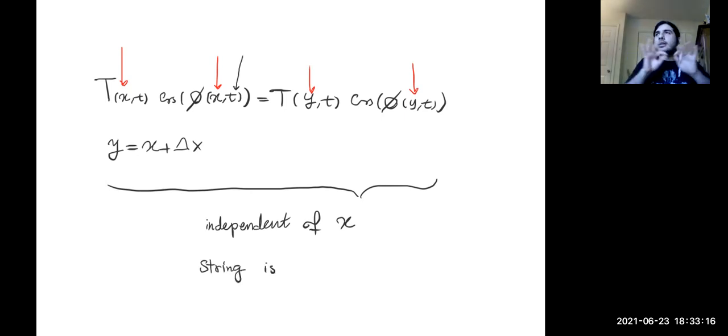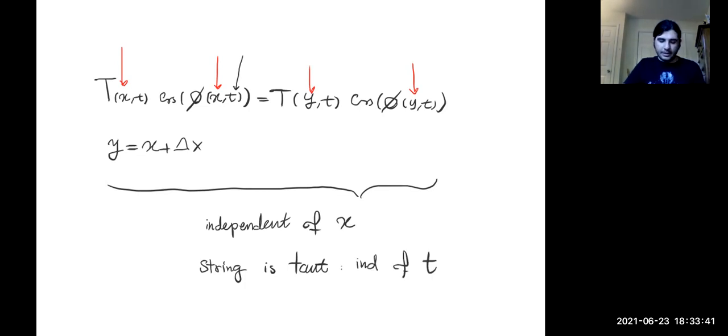If we assume the length of the string does not change, right? For example, if you have a spring and you pull or push it, its length would change. But here, if we assume the length of this string does not change as it goes up and down, this product would also be independent of t.